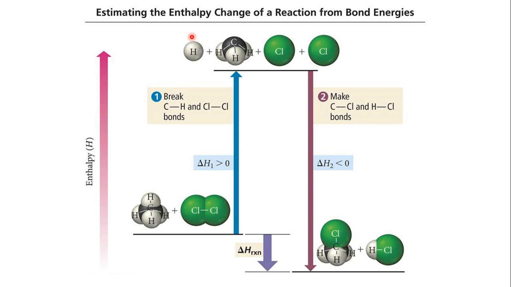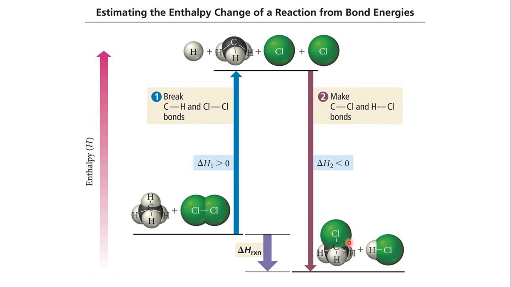Now we have free atoms, so what we're going to do is combine a hydrogen and a chlorine together, and this chlorine and this CH3 compound to make hydrochloric acid plus CH3Cl. Here we're forming bonds, and so this is an exothermic process. We release heat into the world.